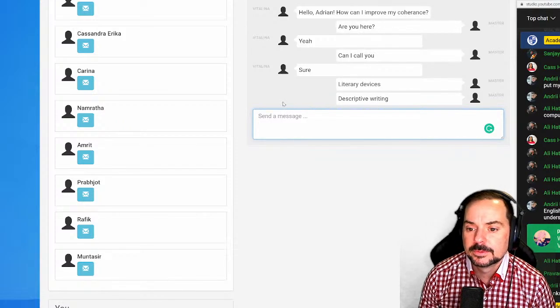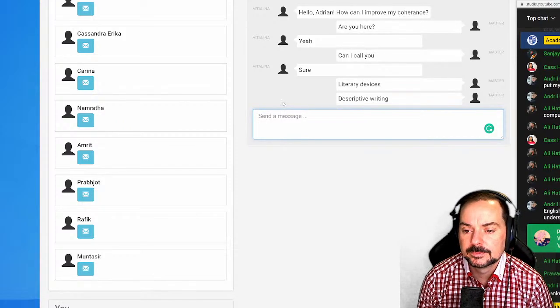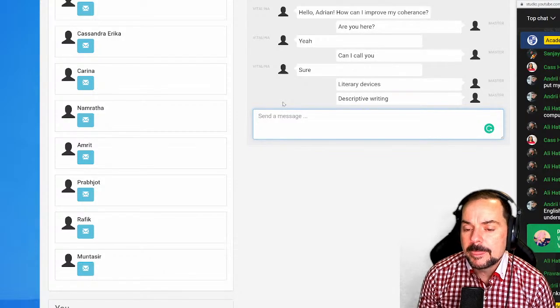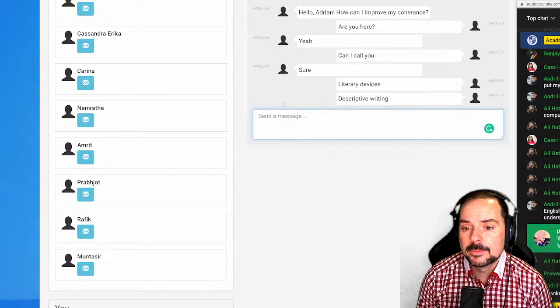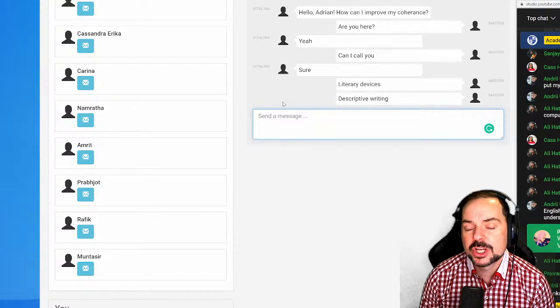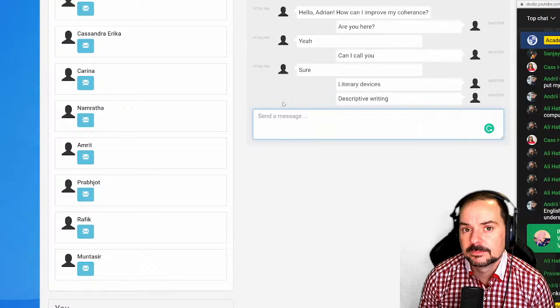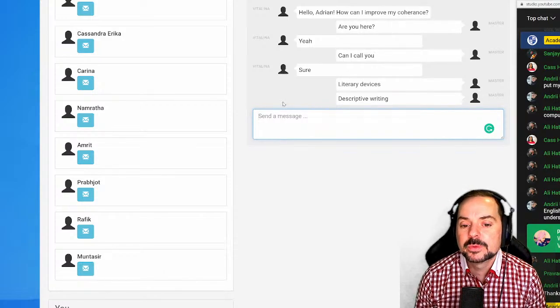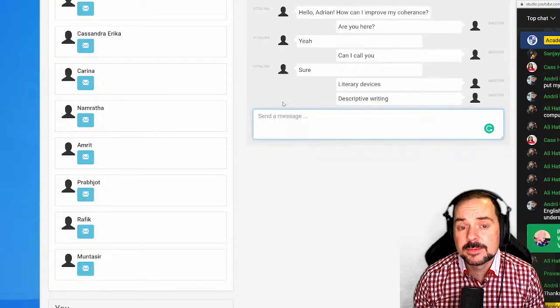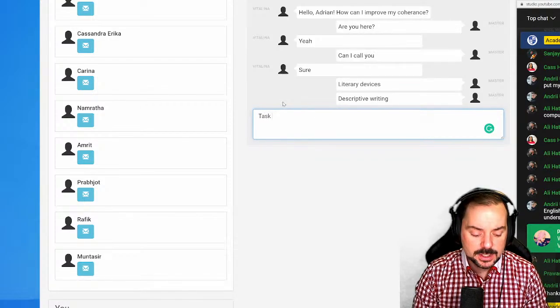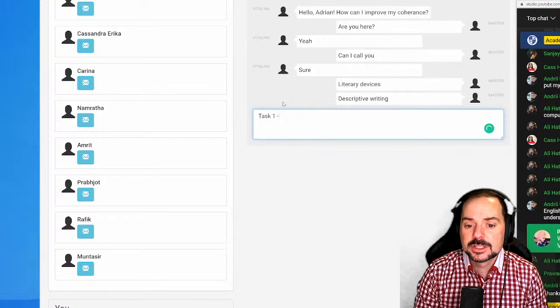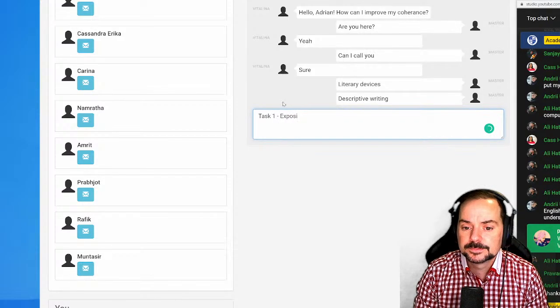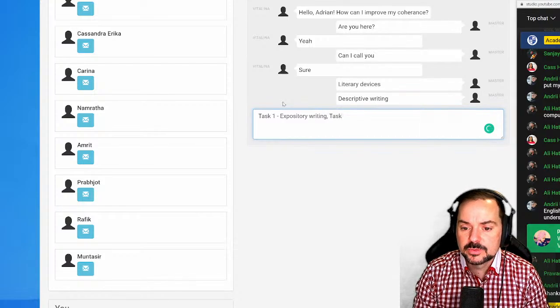And what about reading? Can reading help with my writing part? Yes, it can. And for the IELTS specifically, may I ask, are you doing the academic or general version? Yeah, it's academic. You're doing the academic, yeah. So you have to read text that is the same style. Task 1 in the academic is expository writing, and task 2 is persuasive.